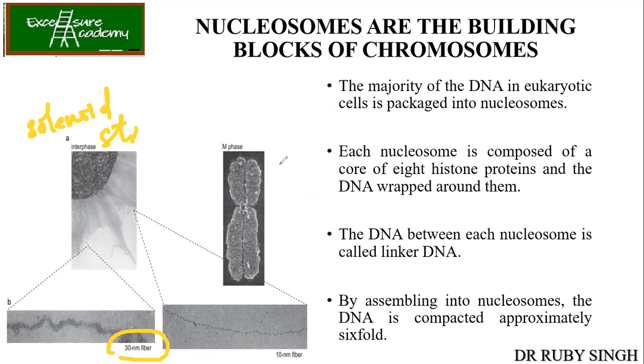In the M phase, in the chromosome, you can see the beads on a string. Those are nothing but the nucleosomes bound with the DNA. This is your 10 nanometer fiber. So first this stage comes and then only the solenoid fiber stage comes. The majority of the DNA in the eukaryotic cell is packaged into the nucleosome.